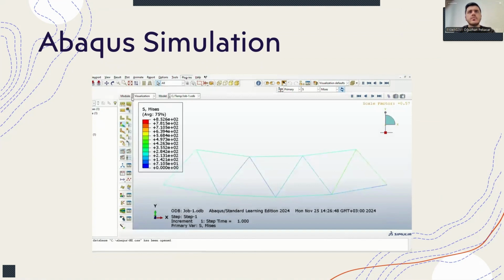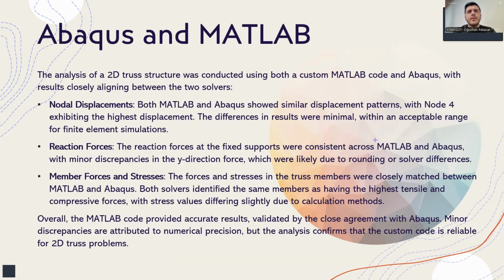Now I will talk about the Abaqus and MATLAB comparison. We have three parts: nodal displacement, reaction force, member force and stress. Nodal displacement: we have similar displacement, with node 4 showing the highest displacement.